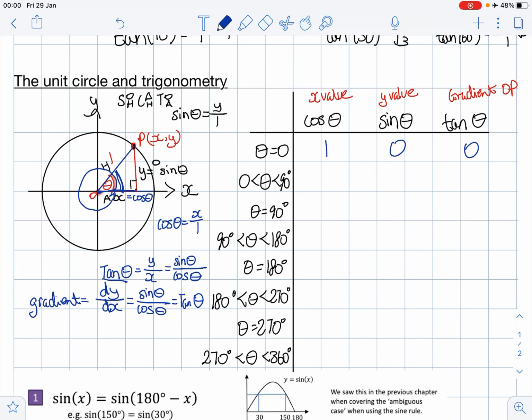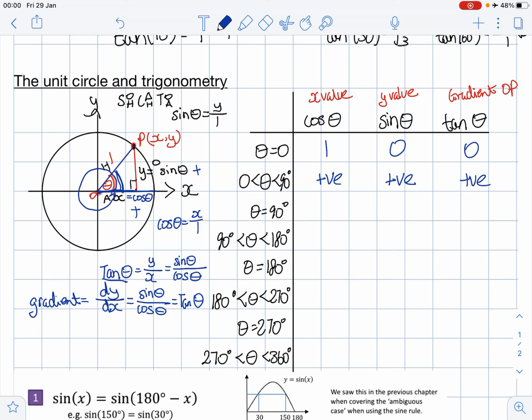In this part, we always have a positive cos and a positive sin. This is on the positive side of the axis, so we're always going to have a positive value for x and a positive value for y. And the gradient is also positive, because a positive divided by a positive is also positive.